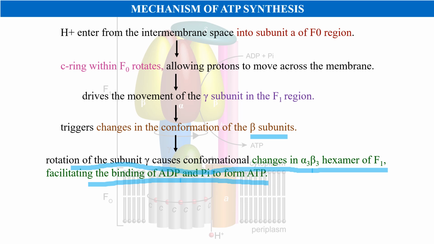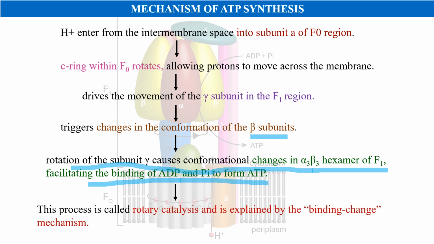So after the rotation of the C unit and the gamma unit, it causes conformational change in the alpha3 beta3 hexamer of the F1 region, which facilitates the binding of ADP and inorganic phosphate to form ATP by oxidative phosphorylation. This process is called rotatory catalysis and it is explained by the binding change mechanism.